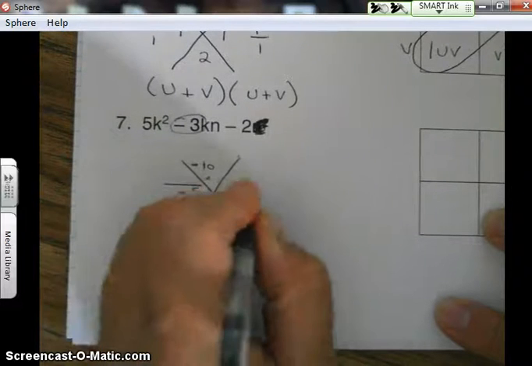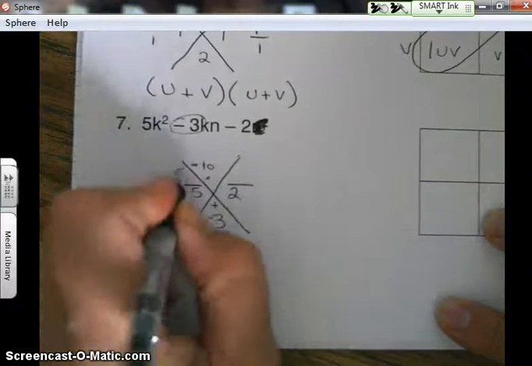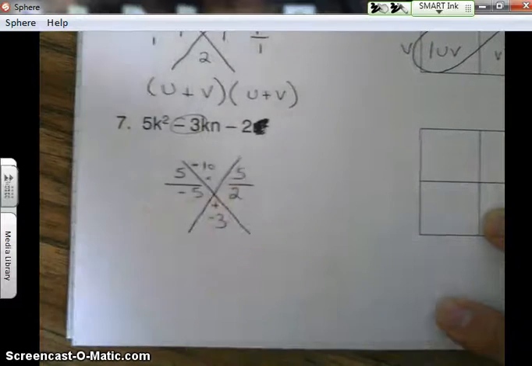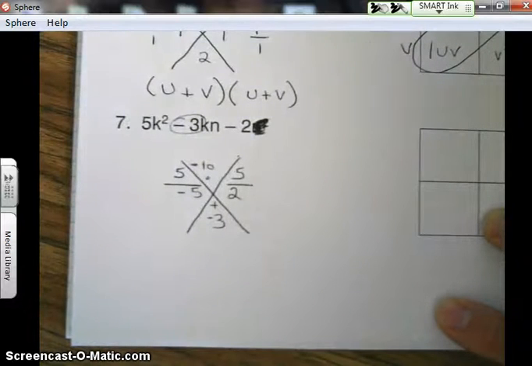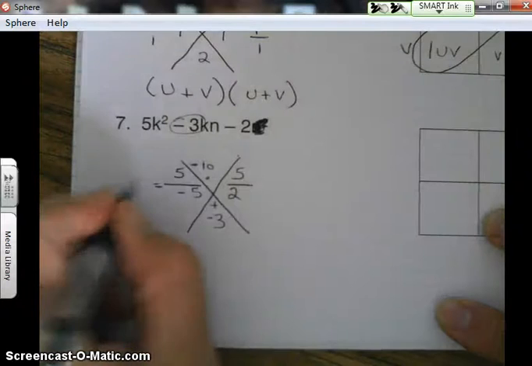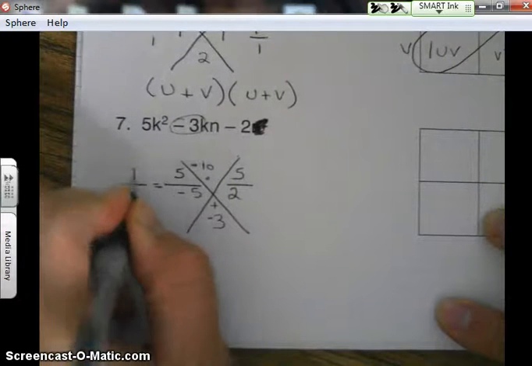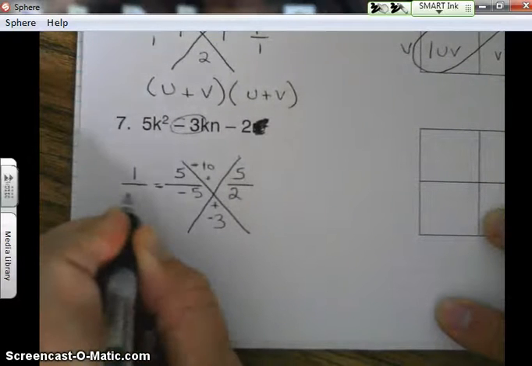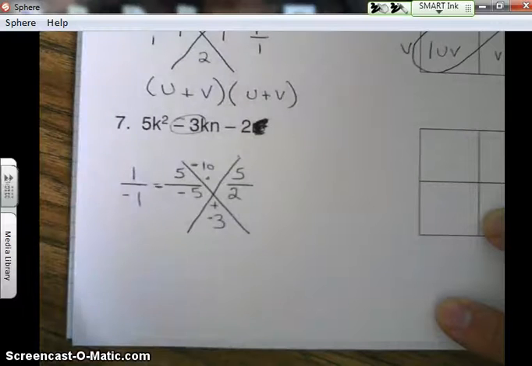So a value goes on top, which is 5. Then we want to reduce. Now notice 5 goes into each of these evenly. So 5 goes into 5 one time, 5 goes into negative 5, negative 1 times. And then this one doesn't reduce at all. So now we're ready.